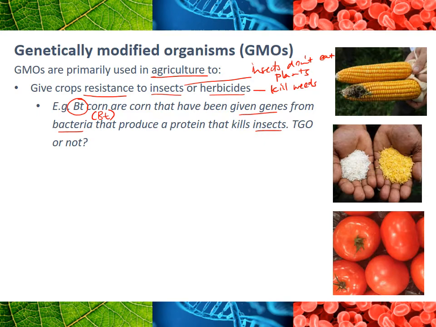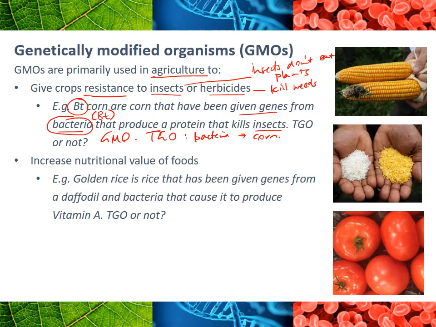This happens in corn, it can happen in eggplants, there are different types of Bt crops. Those crops are given genes from bacteria. So it is a GMO, yes, it's been modified. It is also a TGO because the gene has come from a bacteria and been placed into a corn crop. Two different species. It's a transgenic organism.